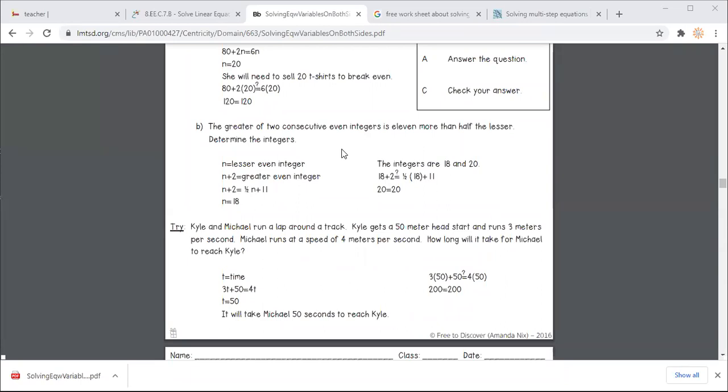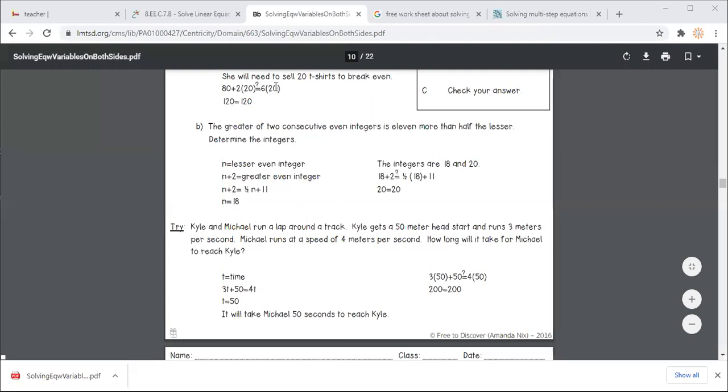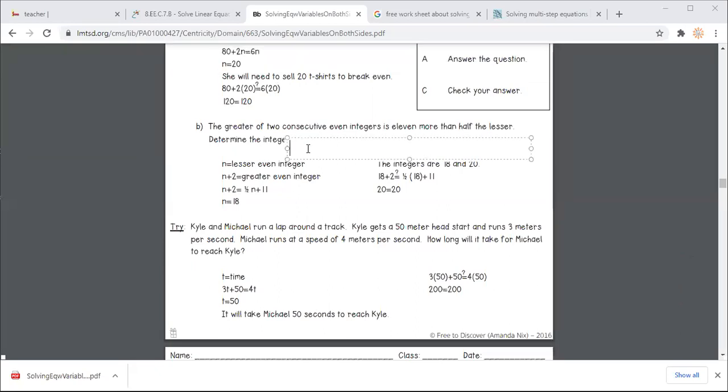Then if you start with x, for example, then the next number, talking about consecutive even, should be x plus 2, right? If I want to add one more number, it will be x plus 4.